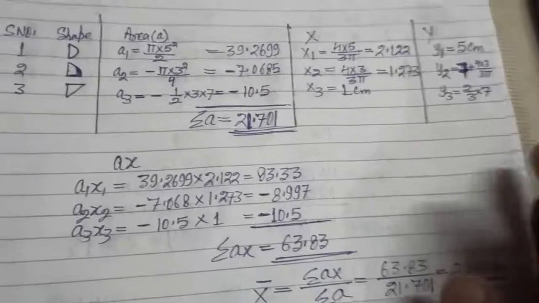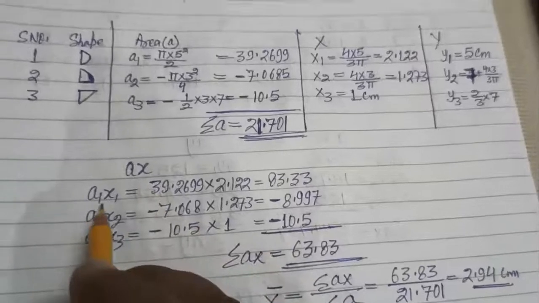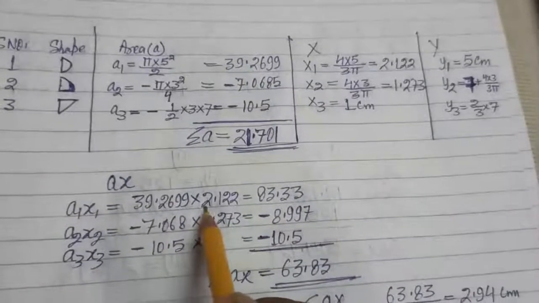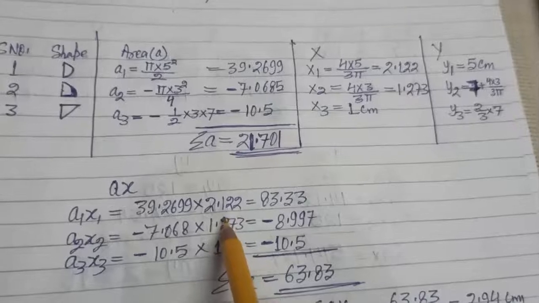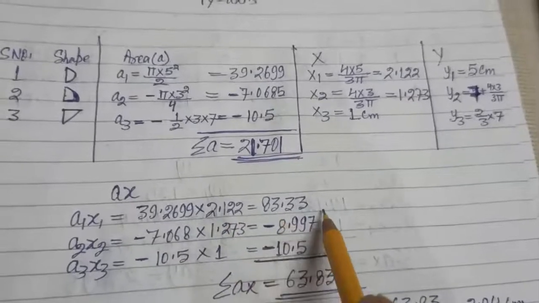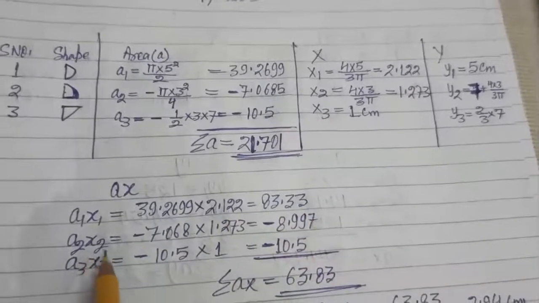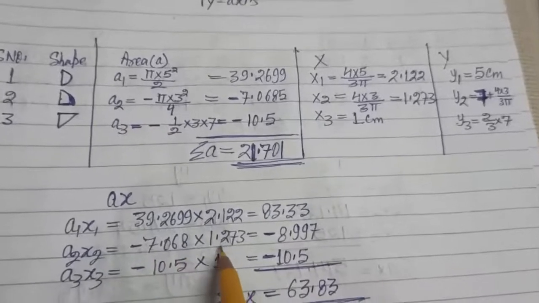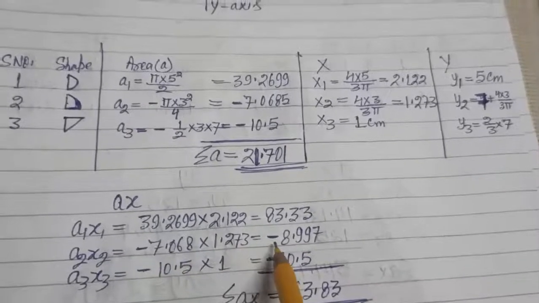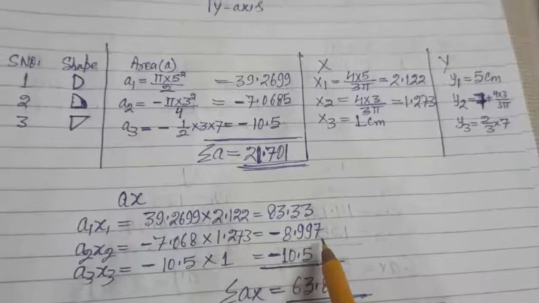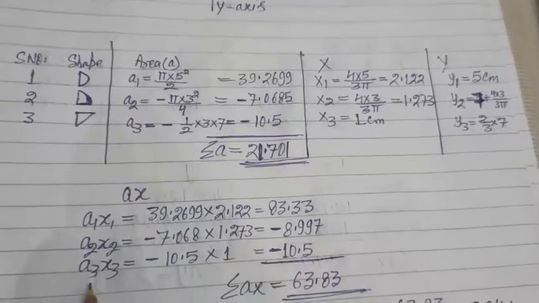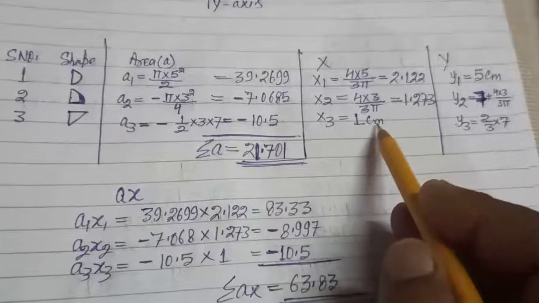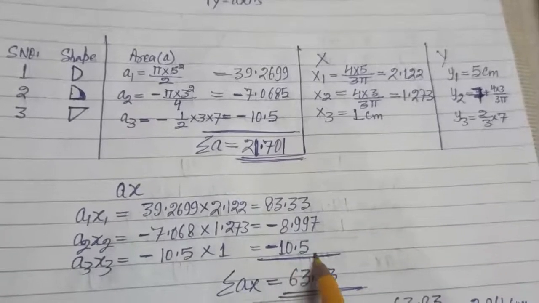Now AX. AX is the A1X1. A1 is this and X1 is this much. So it will give 83.33. Now A2x2: A2 is minus 7.068 into 1.273, which is minus 8.997, and A3x3 is minus 10.5 multiplied by 1, so it is minus 10.5.